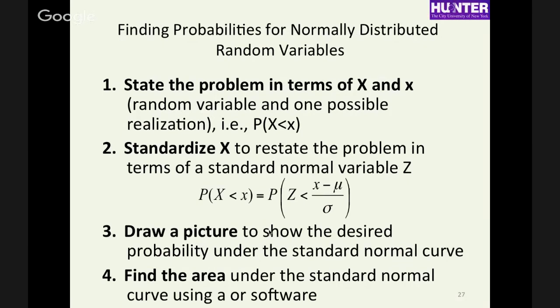All right. So here's, in case this helps, a step-by-step set of instructions for calculating a probability for normally distributed random variables. You state the problem in terms of capital X, the random variable, and lower-case x, the realization. So, probability of capital X less than 67 centimeters or something like that.